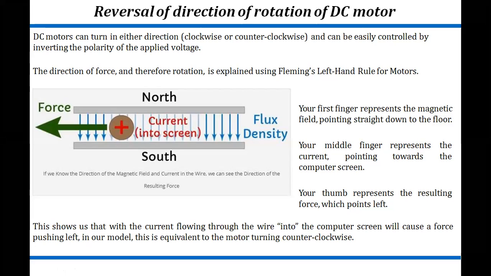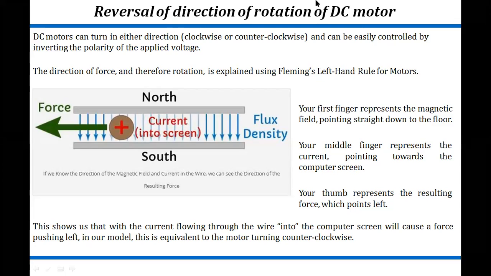But now in today's lecture, we are supposed to reverse the direction. If we are supposed to reverse the direction of rotation of the conductor, the armature, at that time we can use Fleming's left hand rule.